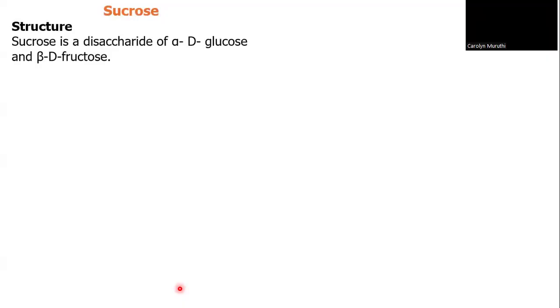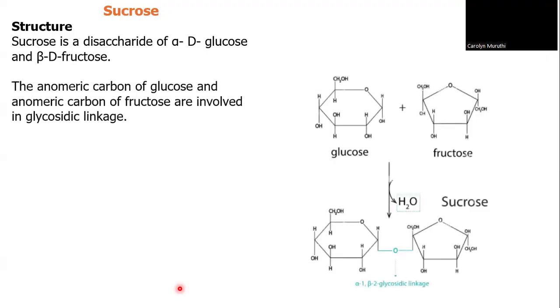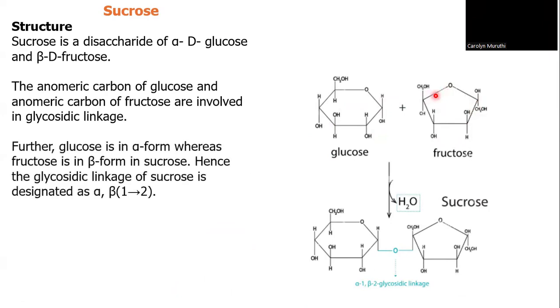Sucrose is the other disaccharide, which is made from an alpha-D-glucose and beta-D-fructose. And here we see that the anomeric carbon of glucose and the anomeric carbon of fructose are both involved in the glycosidic linkage. And therefore, we're talking about carbon number 1 of glucose and carbon number 2 of fructose.